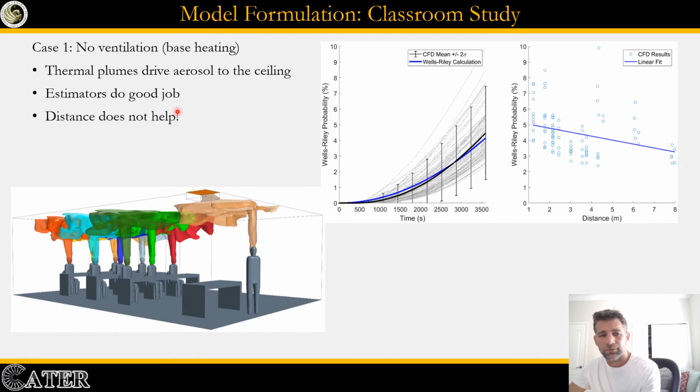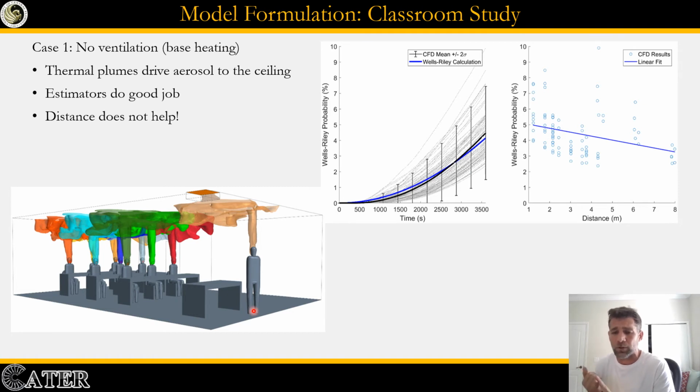So the next thing we want to focus on is that estimators actually do a good job. These are very highly detailed CFD models. We actually include how the flow interacts with the desks, the people's legs, all kinds of things. And what we're finding is that works about as well as what you would get if you plug in just bulk parameters, so number of people in the room, HVAC flow rates, and these sorts of things.